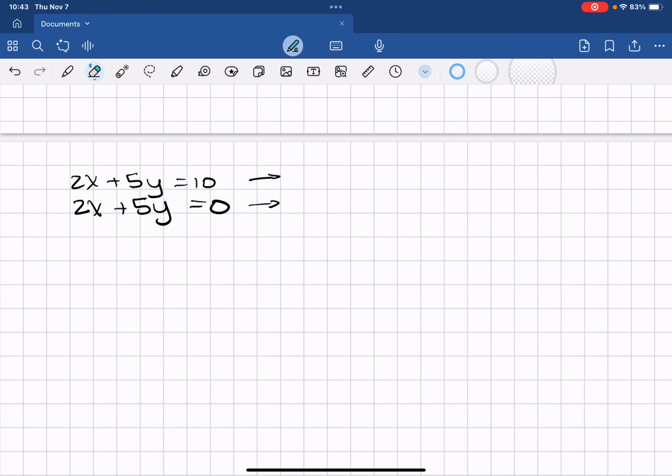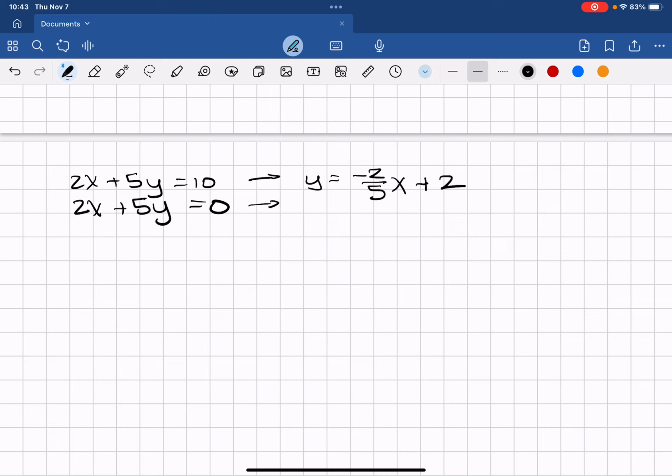So if we move 2x to the other side and divide both sides by 5, we are going to get y is equal to negative 2 over 5x plus 2.